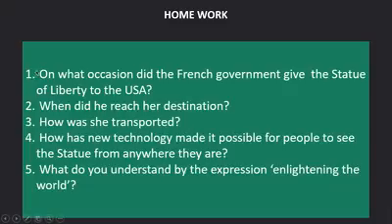Question number 1. On what occasion did the French government give the Statue of Liberty to the USA? Our second question is, when did she reach her destination? Third question is, how was she transported?